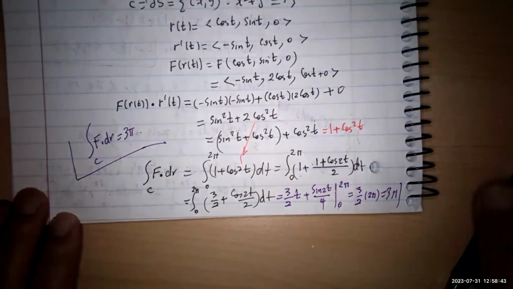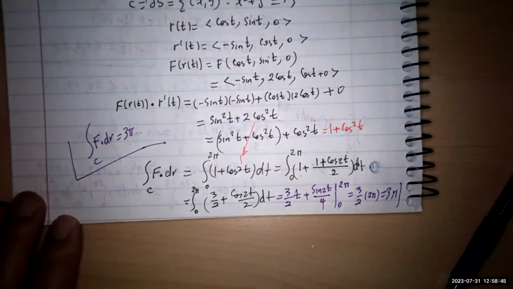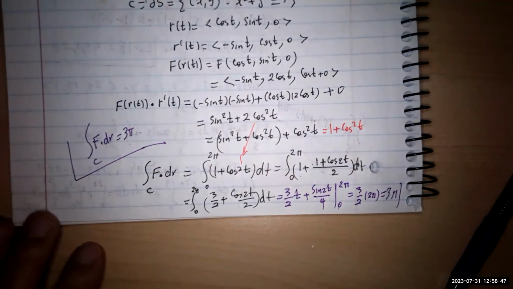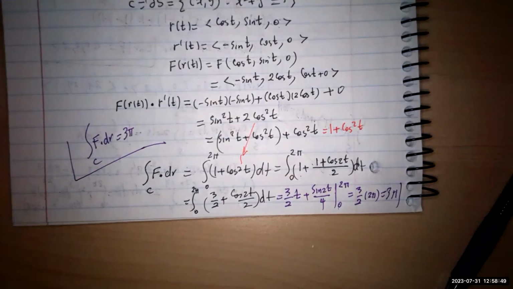So that gives you the idea of what you're going to have for the second one. So that's the line integral. Then you have to take care of the surface integral and show that you get the 3 pi again. Okay, any question? So do the line integral first, so that at least you have the answer for the second part.